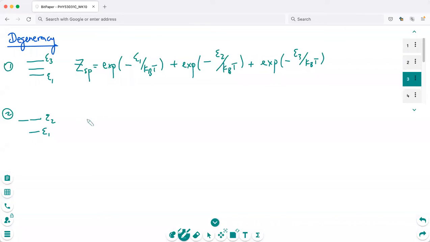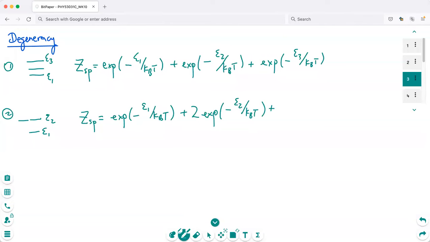So for case 2, you also have to sum over everything. When it comes to case 2, you will have to sum over this exponential factor, and there are 3 levels. The spirit of the partition function is you have to sum over everybody, so you have to sum over another identical factor.